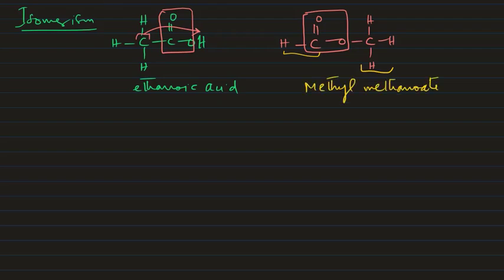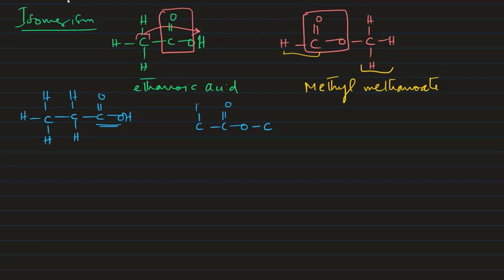So let's have the next one. For example, we have a 3 carbon carboxylic acid. This is called propanoic acid. So we can shift the left side carbons one by one onto the right side, keeping this structure intact. Now in this case we have 2 carbons present on the left side. So let's transfer 1 carbon on the right side, and 1 carbon is still there on the left side.